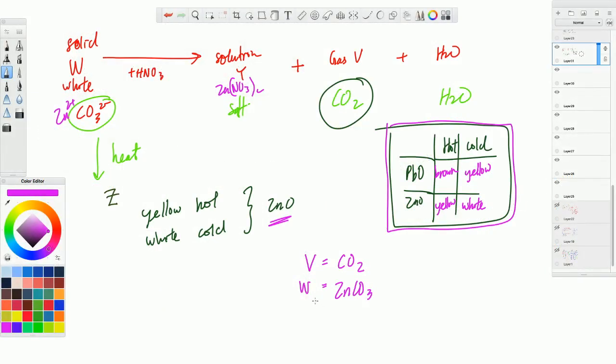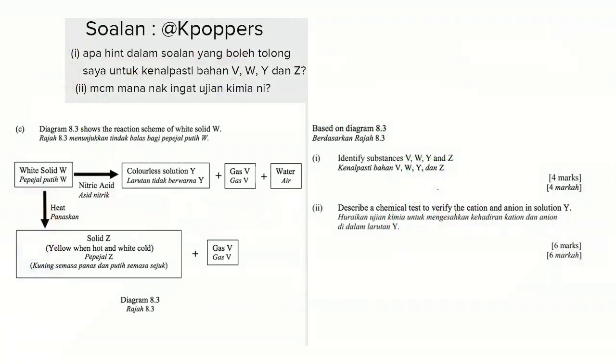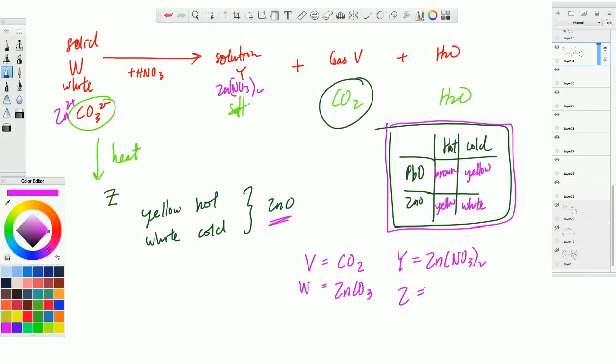Y is the solution, Y is zinc nitrate solution, and Z is zinc oxide.